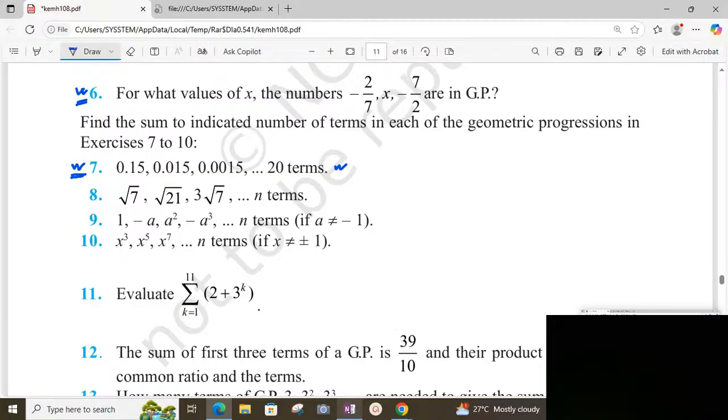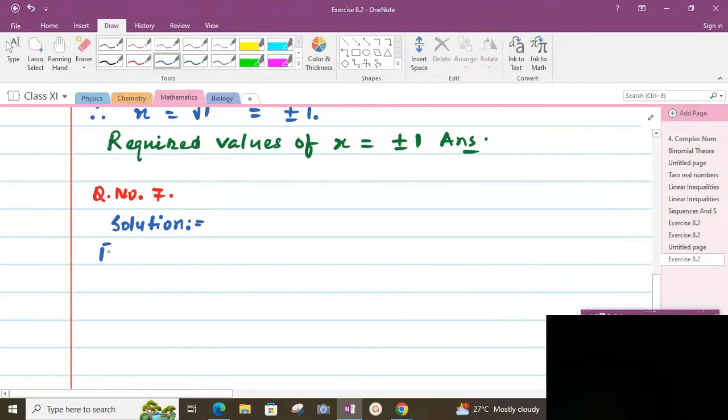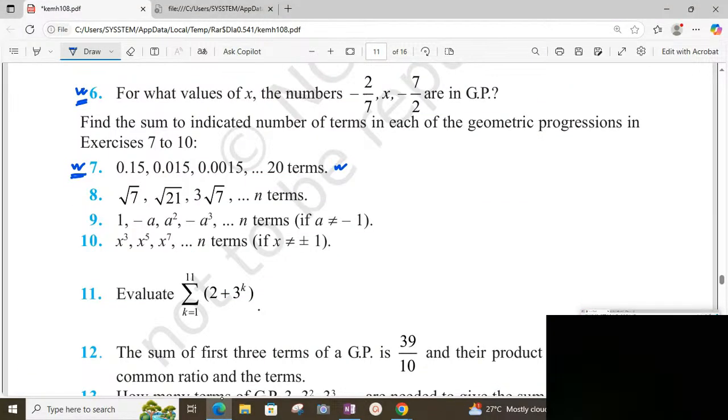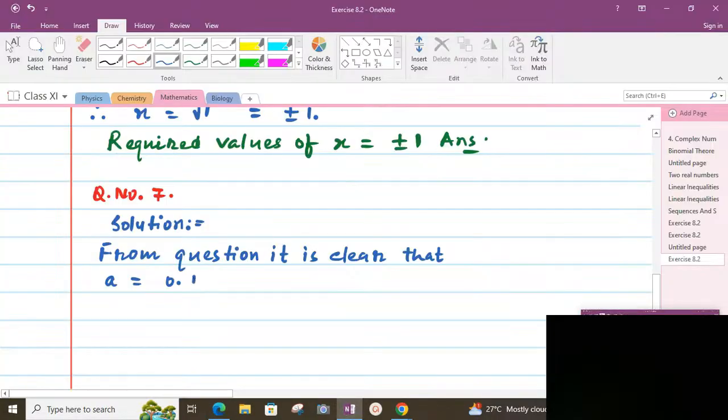So we write down here, from the question it is clear that a equal to 0.15, and here r will be second term by first term.